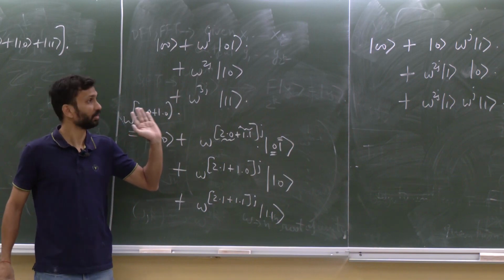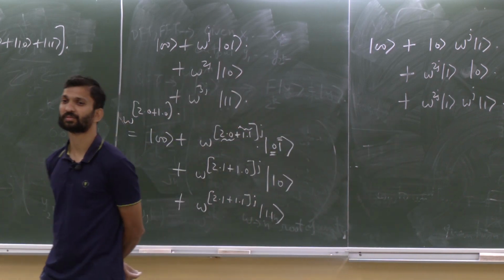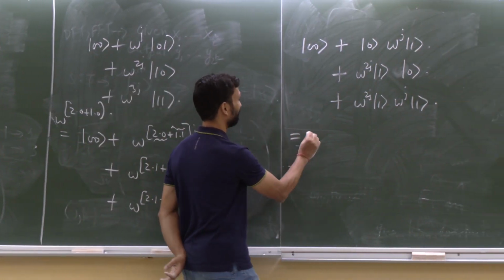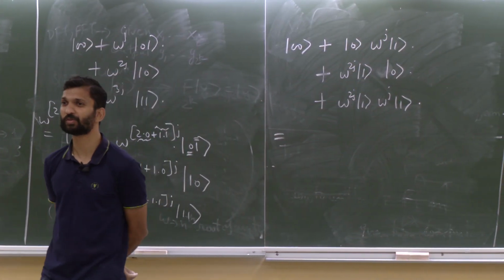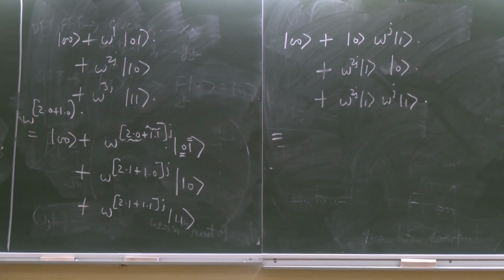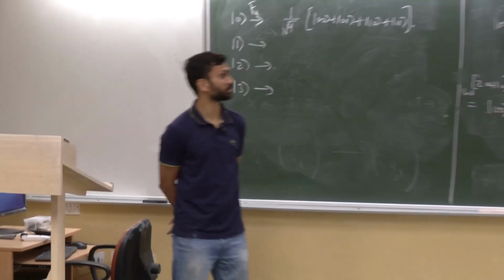Okay? But if I do this, what is this? Again, the same thing which we did when we did this Hadamard, big Hadamard. This is actually pretty nice. I will give you a minute to think about it. You should be able to do this.